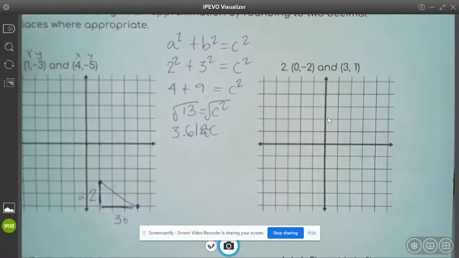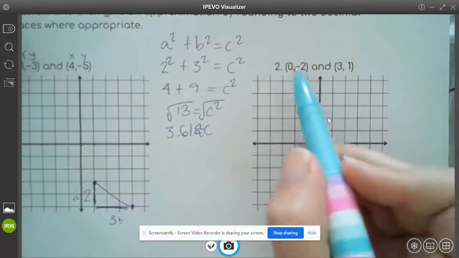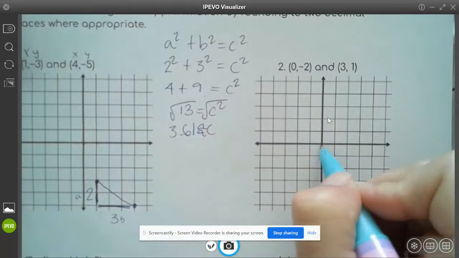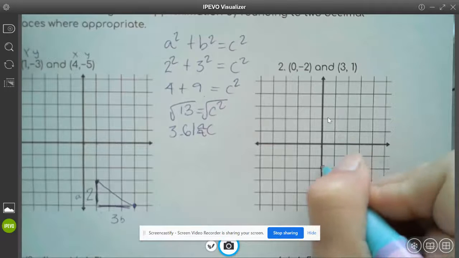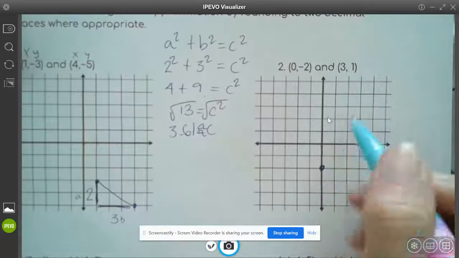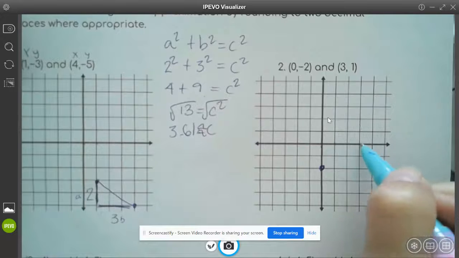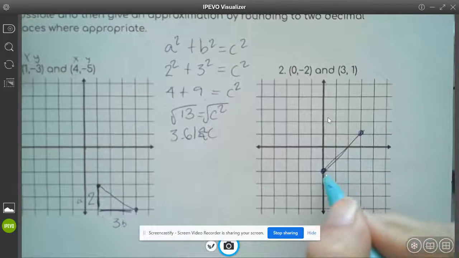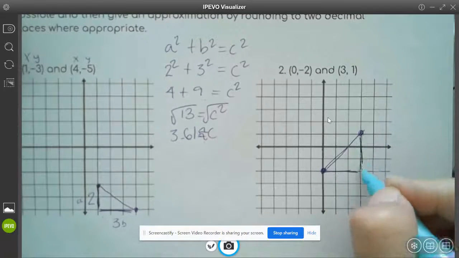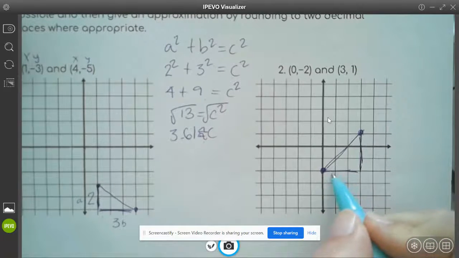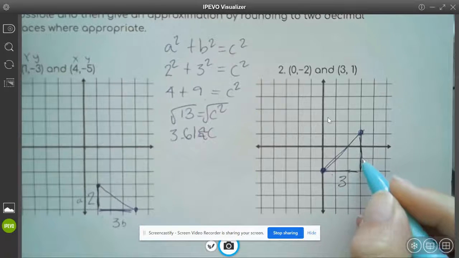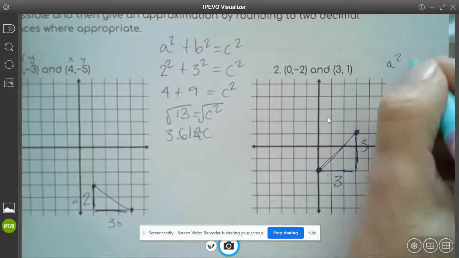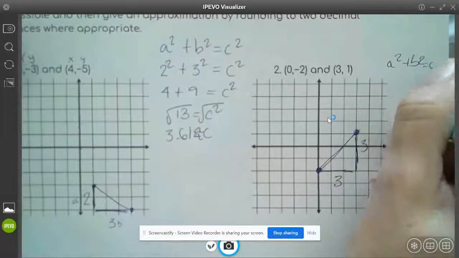All right, so that's number 1 here. So let's do this one. So we go 0 and then -2. 0 to the right or left and negative and 2 down. 1, 2. So first point is over here. Second point is 3 to the right. So 1, 2, 3, 1 up. So that's my triangle here. All right, so we kind of draw a triangle and we count the units. So that's 1, 2, 3 units here, 1, 2, 3 units here. So 3 and 3. So a squared plus b squared equals c squared.